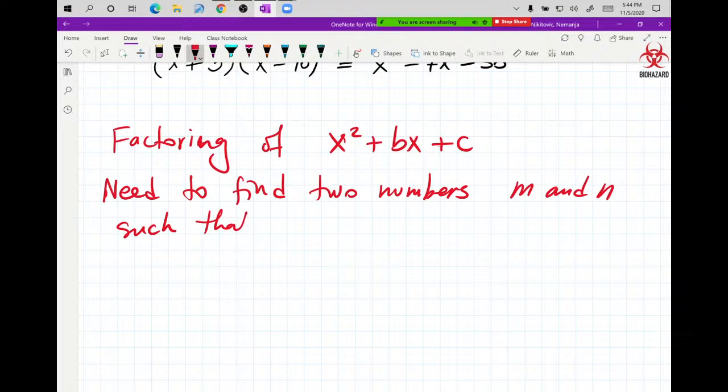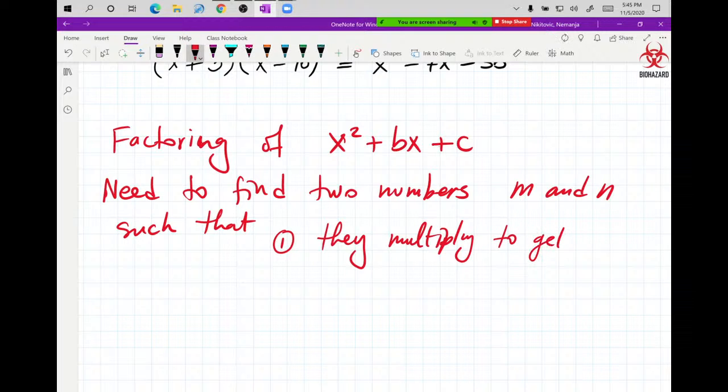such that, number one, they multiply to get c, they add to get b.